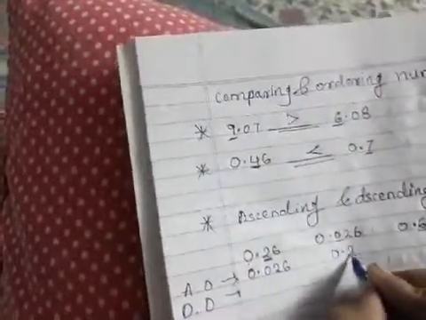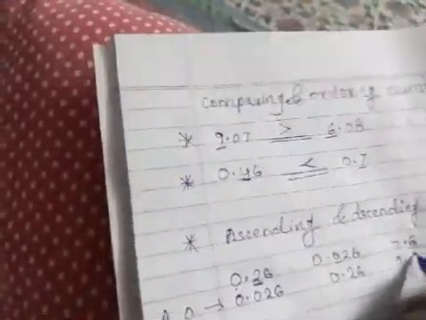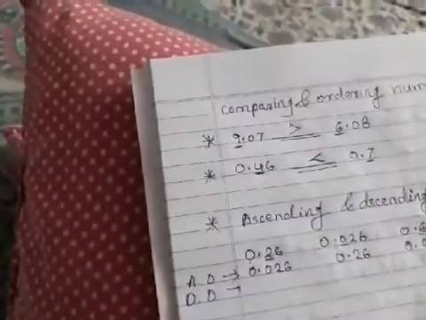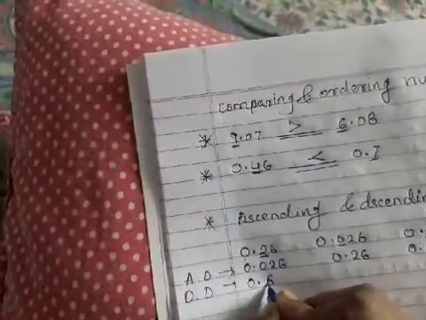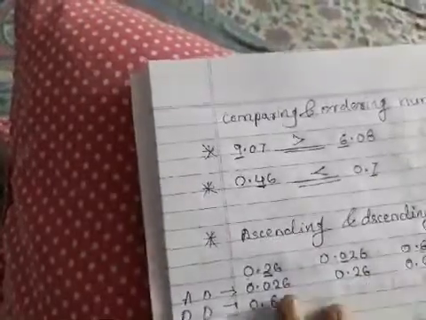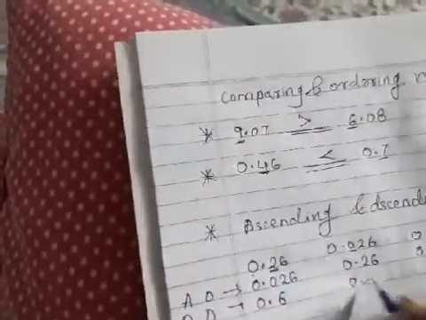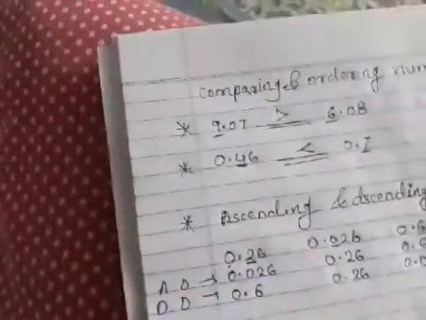So 0.26 is the in-between number and 0.6 is the greatest number. Now descending order means big to small, so this is the opposite of ascending order. Understand?